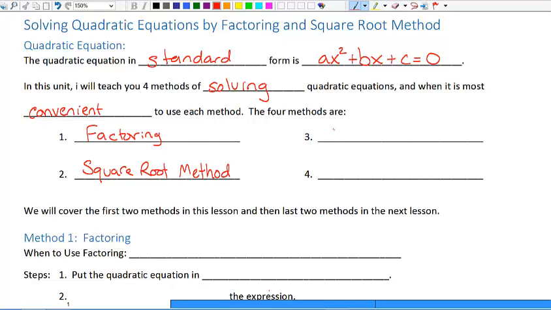The third one is going to be completing the square. And the last one will be the quadratic formula. We are going to cover the first 2 methods in this lesson, factoring and square root method, and then the last 2 methods actually in the next lesson, completing the square and quadratic formula.